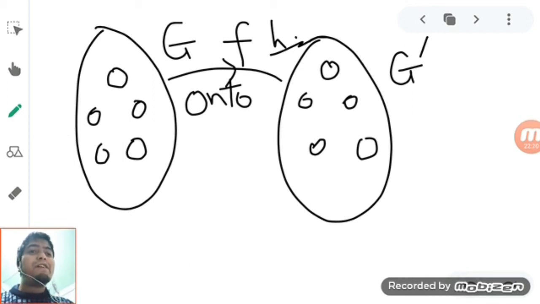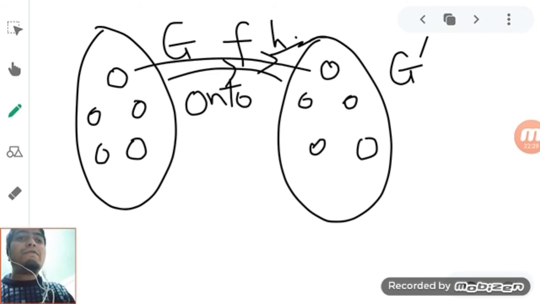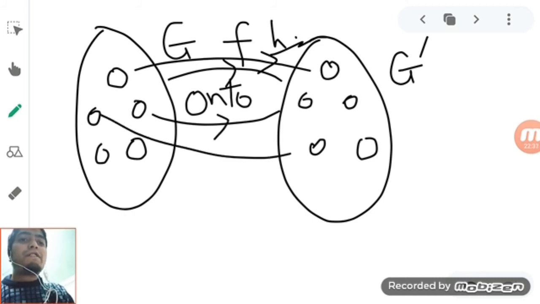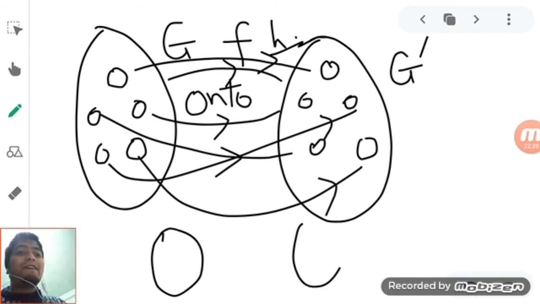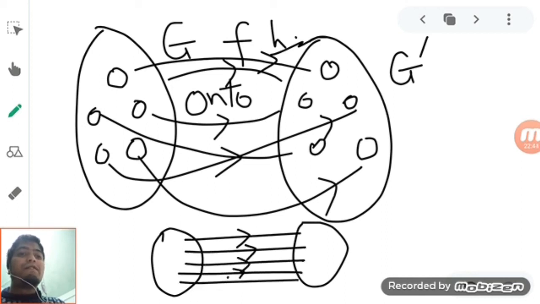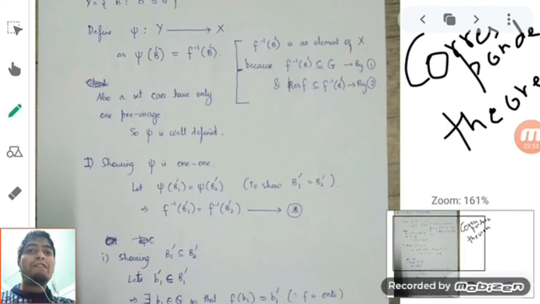Again, I repeat, G may contain other subgroups, but it will contain exactly that number of subgroups that contain the kernel. If this set has 5 elements and this one has 5 elements, you can define a 1-1 onto function. Similarly, if it has 6 elements and 6 elements, you can define a 1-1 onto function. That is what we are doing over here.